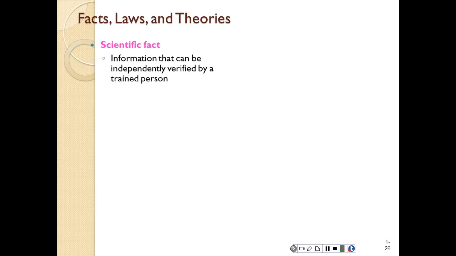Alright, so let's look at scientific fact. Information that can be independently verified by a trained person. So those scientists that have had numerous amounts of research behind them, you can gather information from what they're saying.